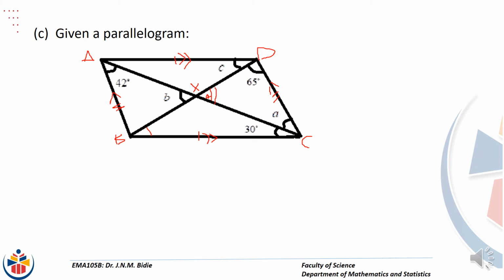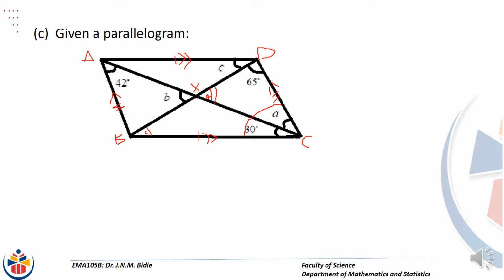We need to get back to the big triangle BDC. Remember, A is 42, so that means that whole angle is 72. We've got 65 there, 72. We can then calculate the value for the angle DBC.